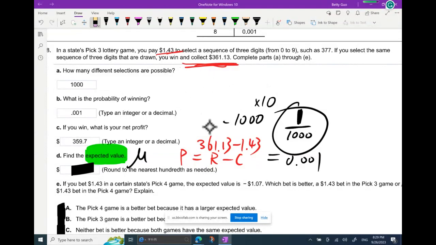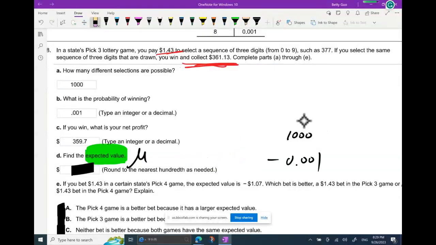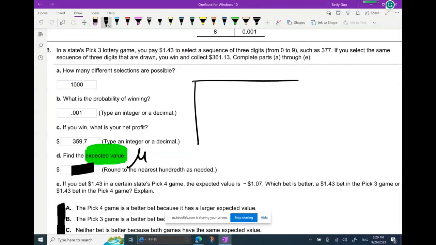In order to find the expected value of a discrete random variable, we need to make a table. Let me show you how we make a table, okay?